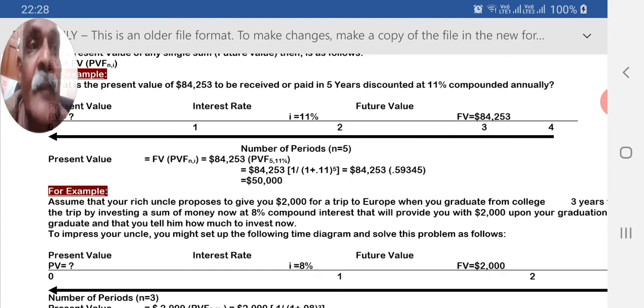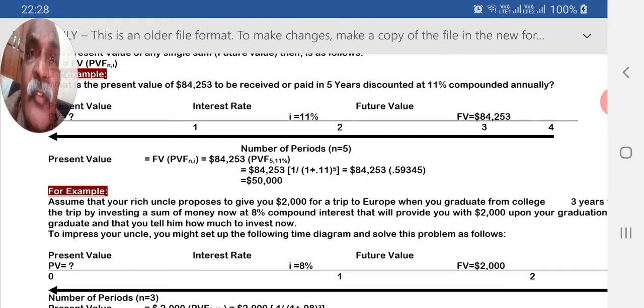So how do you calculate present value, keeping into consideration the factor table? Present value is equal to future value multiplied by present value interest factor (i, n), where i is interest and n is number of years. So future value 84,253 multiplied by present value interest factor, i equal to 11% and n equal to 5.